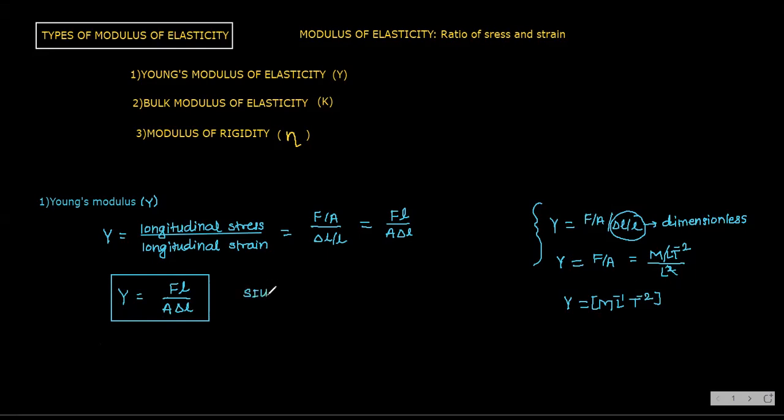So the SI unit is Newton per meter square, and the dimension is 1 in mass, minus 1 in length, minus 2 in time. Okay, understood? So note this down fast.